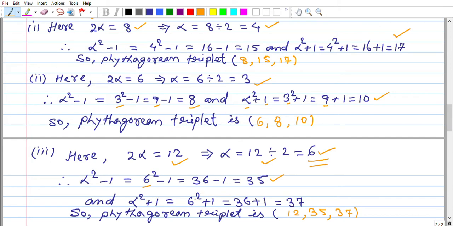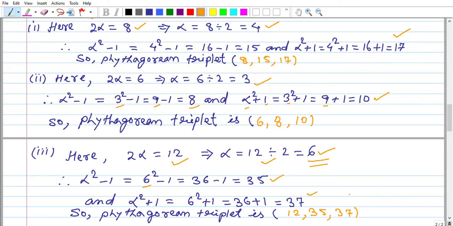Put alpha as 6, 6 square plus 1. 6 square means 36, you know very well, plus 1, it becomes 37. So we can write here the Pythagorean triplet is 12, 35 and 37.